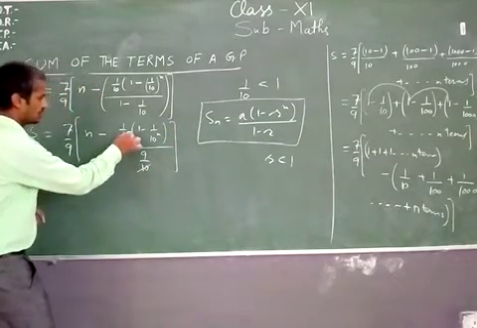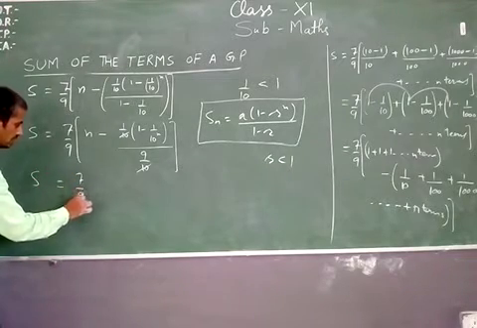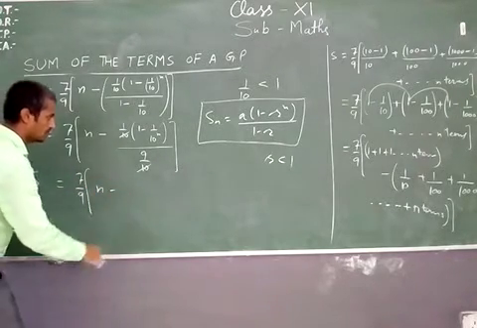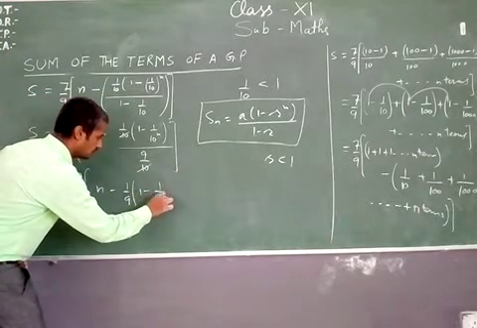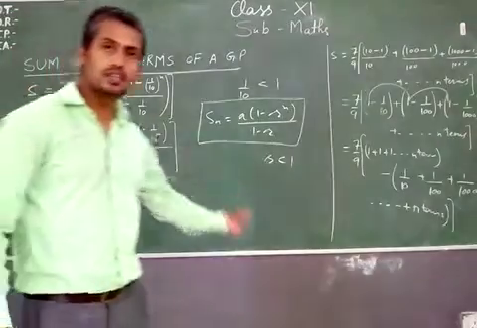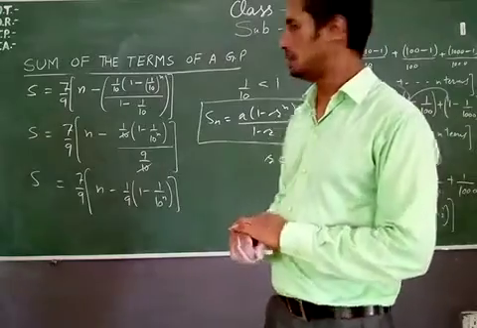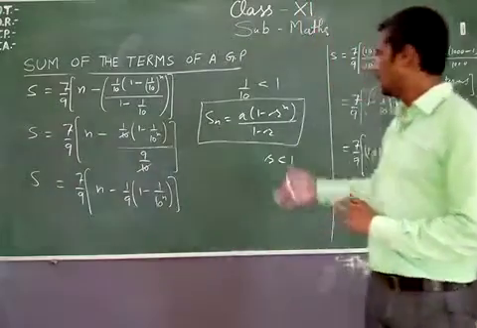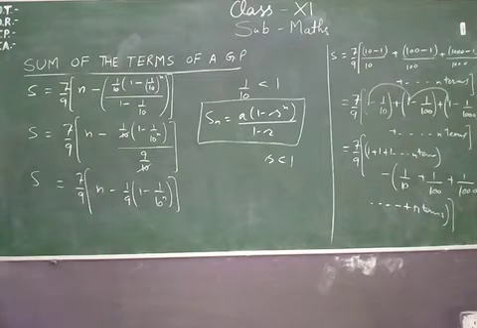We can remove this value. Next step we have 7 by 9 into n minus 1 by 9 into 1 minus 1 upon 10 power n, which is the sum of the given GP. First of all, try to make two different GPs up to n terms and use the formula for the GP.